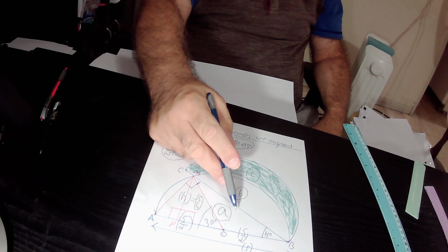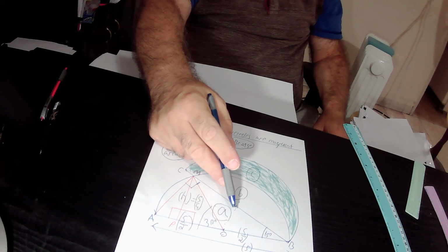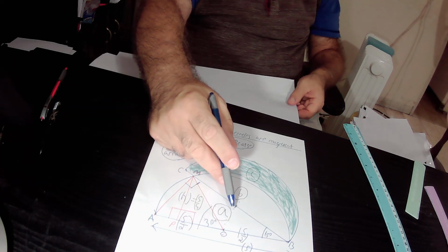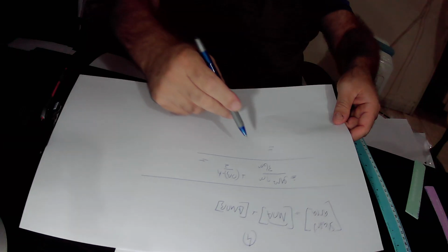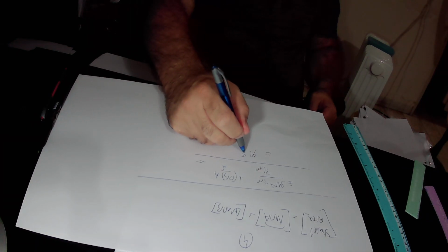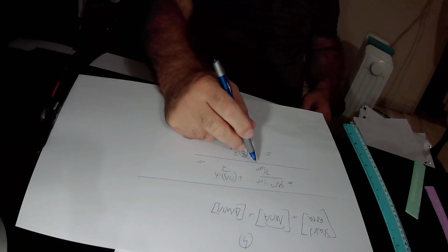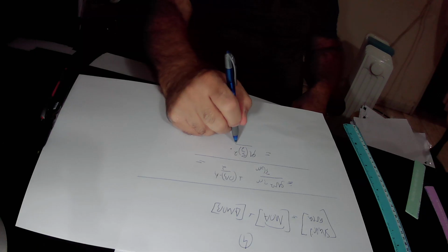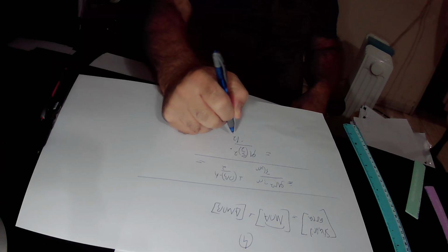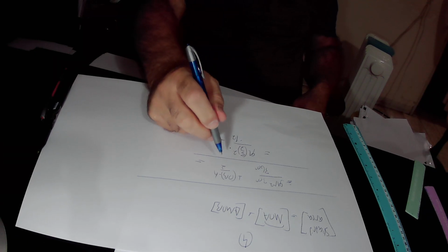R is 5 over 2, therefore R squared is 5 over 2 squared. So pi r squared is pi times 5 over 2 squared. And we have 30 degrees over 360 degrees, which is 1 over 12. Plus OB times the height over 2.